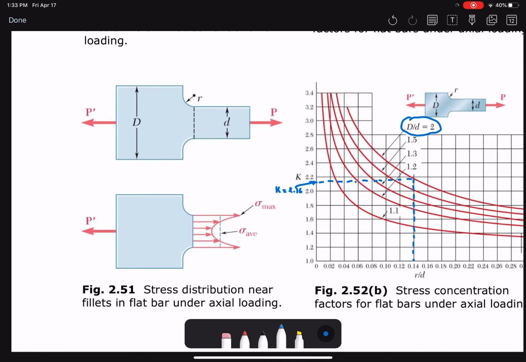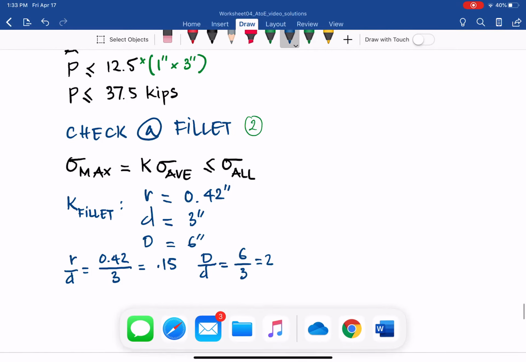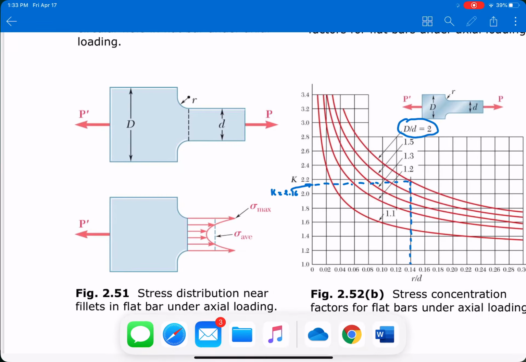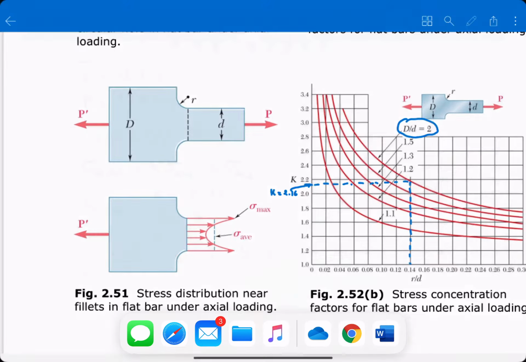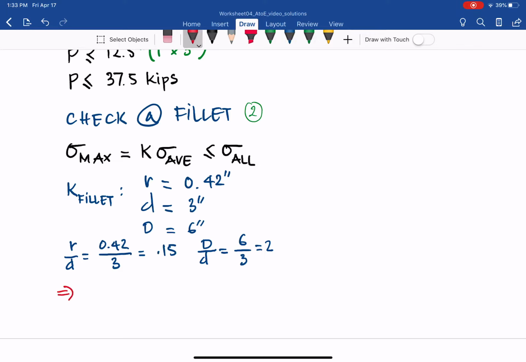So with that, we can go back to the problem. We can see that we use the figure, which figure here? Figure 252b. We have K equal to 2.16 from figure 252b.